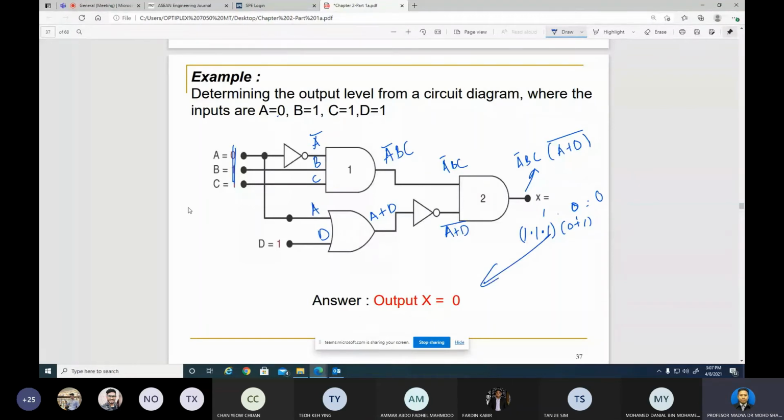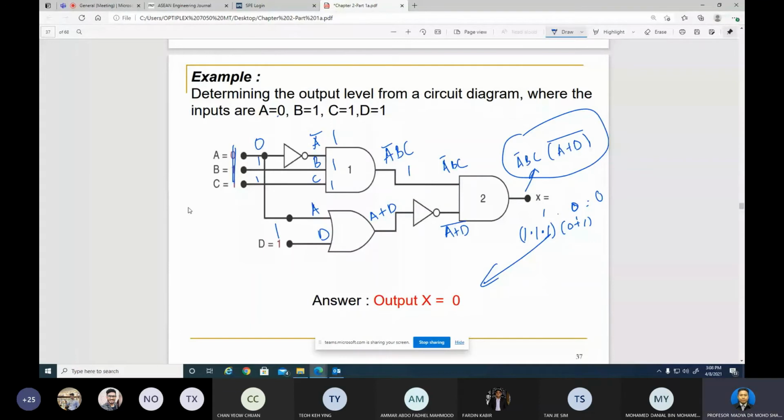You can do it like this. You can get the final mathematical expression, then you can substitute the value. Also, up to you, you can go straight from this one and just substitute the value. For example, A is 0, then 1, 1, 1. For example, this one will be 1, and then this one 1, 1 will be 1.